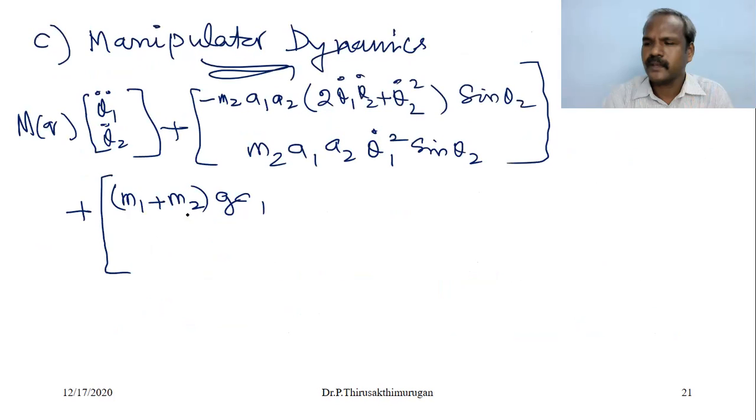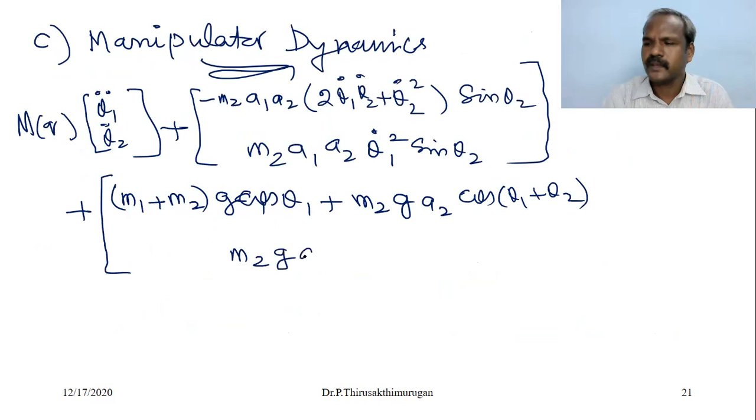This is a gravitational term, g cos theta 1 plus m2 g a2 cos of theta 1 plus theta 2. This is the gravitational vector. So the next row is m2 g a2 cos of theta 1 plus theta 2. So this is totally equal to tau 1 and tau 2.